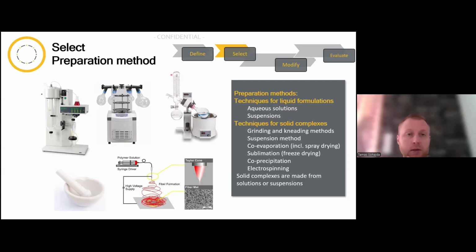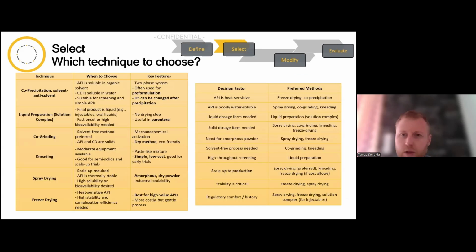With the semi-solid and solid techniques, we probably have to use more in-process control testing to make sure that the process was successful and thorough enough, so that we could drive as many actives into the cyclodextrin complex as possible. How do we choose? These are just a compilation of all the techniques out there.